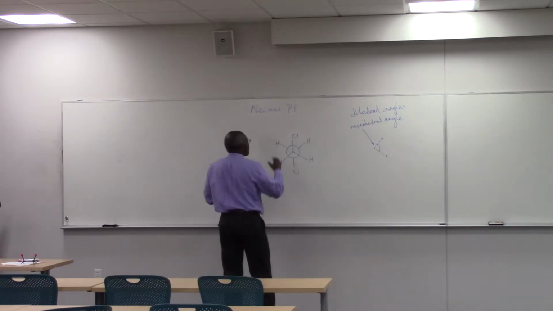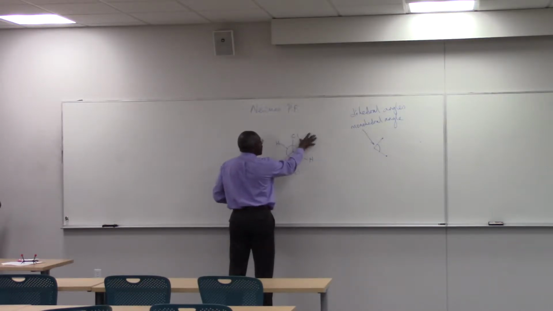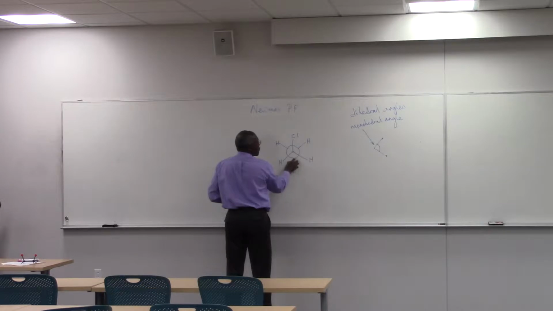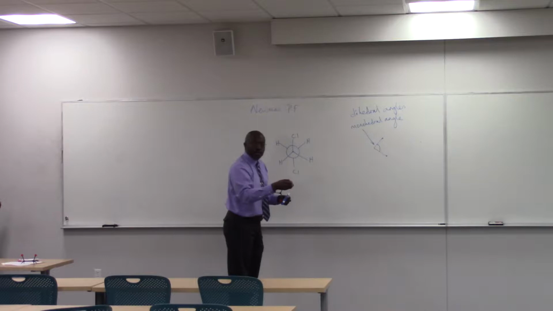In other words, from my vantage point, chlorine on the front carbon, H on the back. H on the front carbon, chlorine on the back. H on the front carbon, H on the back. Chlorine on the front carbon. So as I go this way, I stagger the sequence in which I meet a front group and a back group.